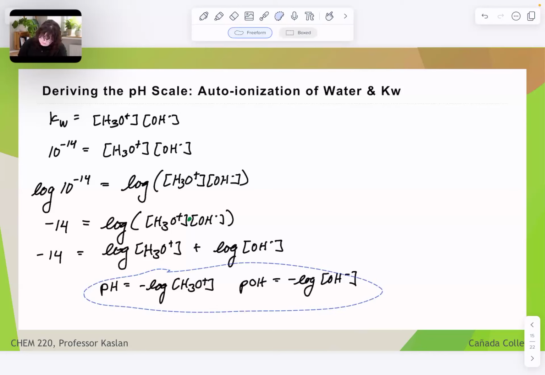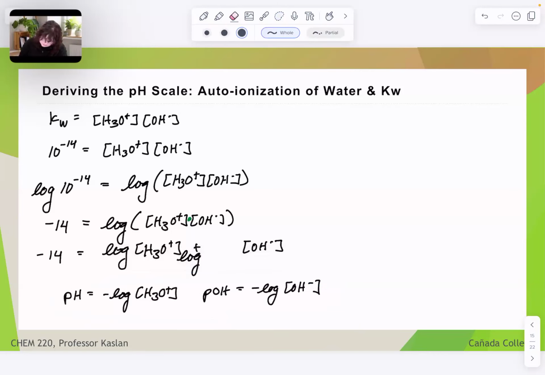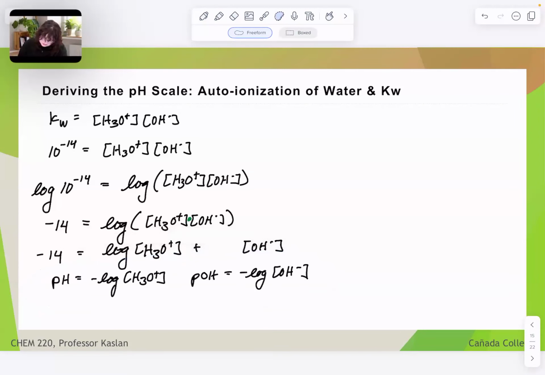Then if I move my negative over, I can replace these log terms in this expression that I got from Kw with my pH and pOH definitions. So let's distribute this negative sign over. So this is going to distribute into this and into this, distributive property.